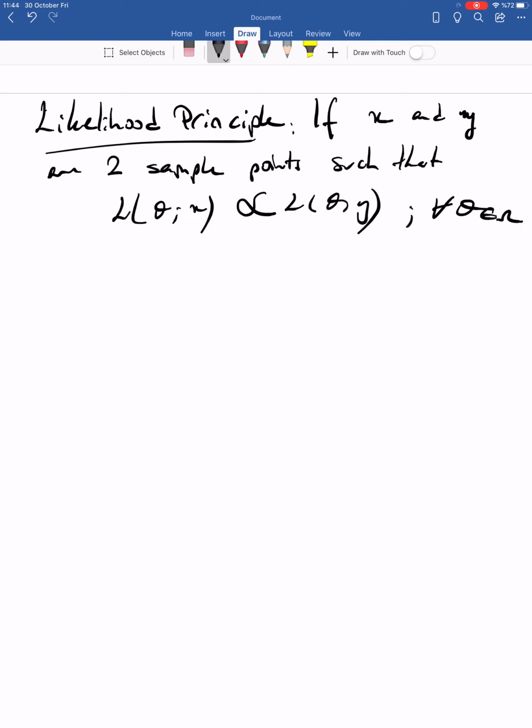Then the conclusions related to theta drawn from X and Y are equivalent or identical.